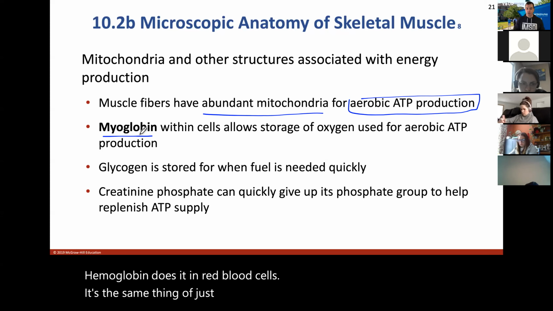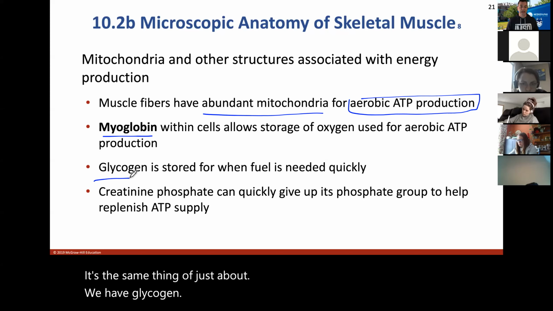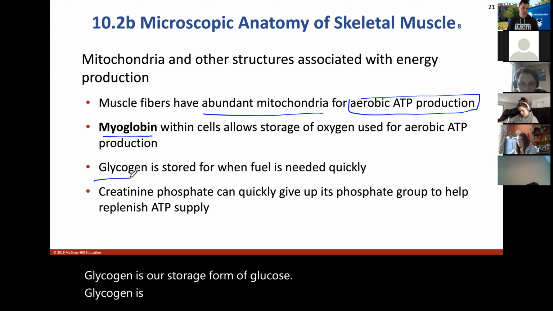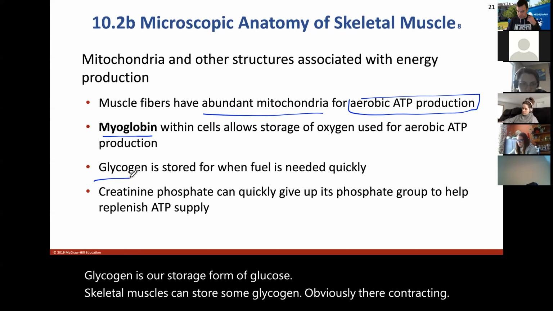Okay. We have glycogen. Glycogen is our storage form of glucose. Skeletal muscles can store some glycogen. Obviously, they're contracting. Glycogen is glucose storage, again.